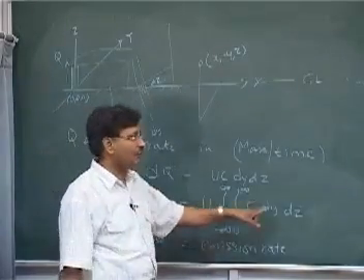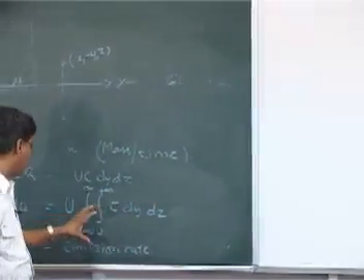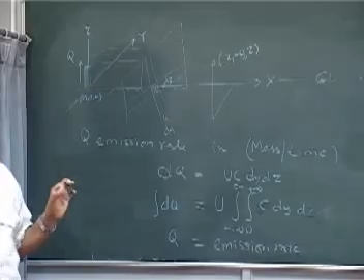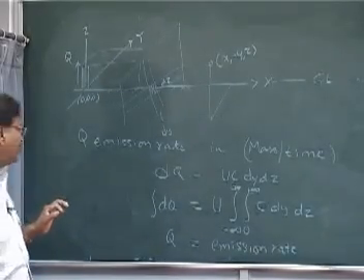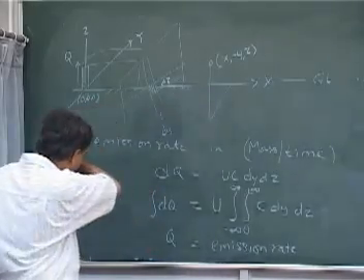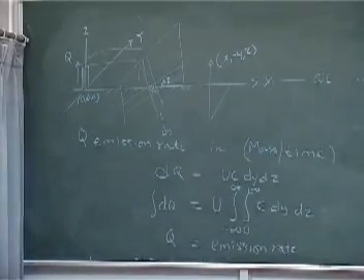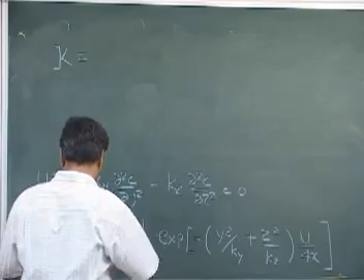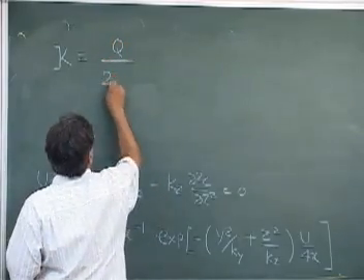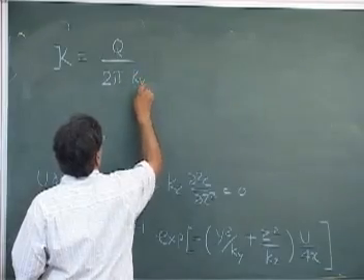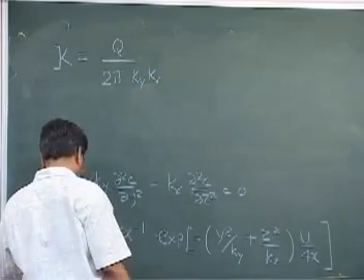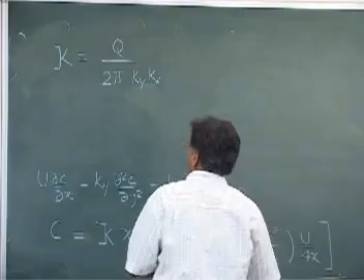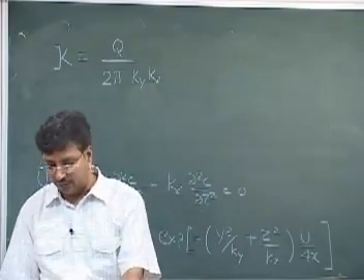I take the value of C from that equation, put that expression here, and I can find the value of the constant big K in the form of Q, and that constant comes out to be, with this boundary condition, my big K equals to, we'll check this thing because we are not deriving it fully.